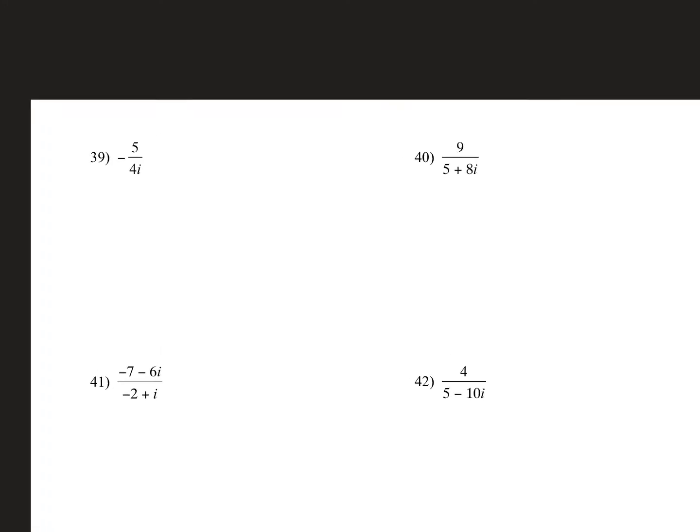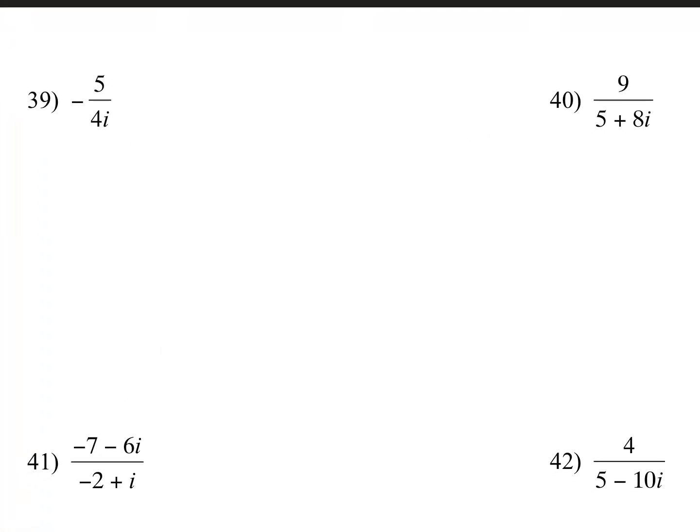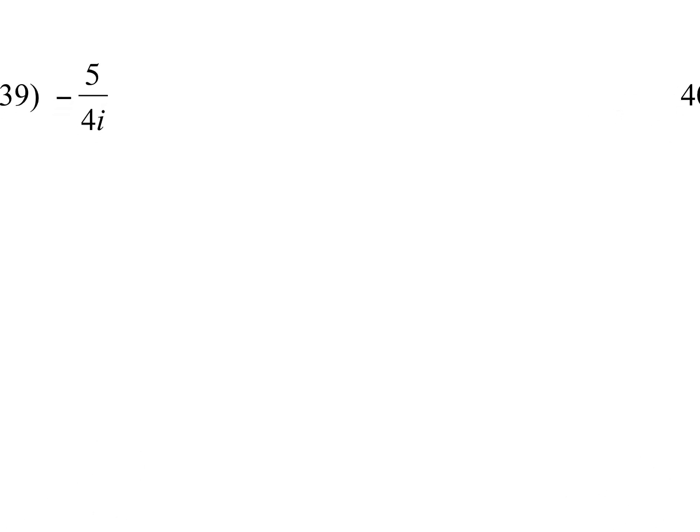If we look at some examples for this one, we have negative 5 over 4i. Again, we said that we're going to take the opposite if it's just one single term and multiply the top and the bottom by it. I'm going to bring this negative up top with the 5, and then on the bottom, I'm just going to have that 4i. So to multiply the bottom by negative 4i, I'm going to do the same thing to the top.